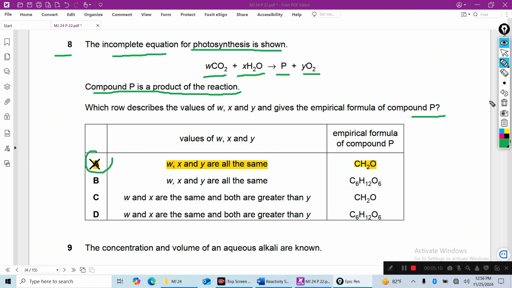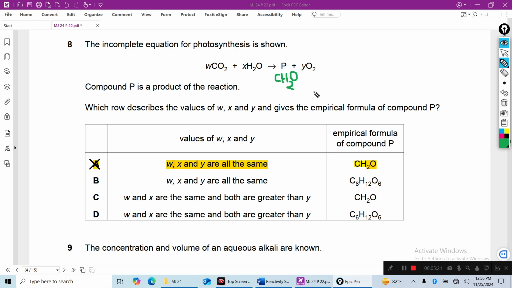A, because the empirical formula is CH2O.